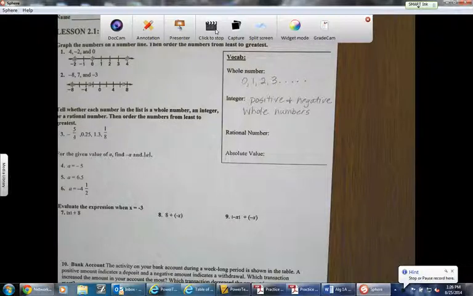Okay, then we have this idea of rational numbers. If you remember this, I will be impressed, because my digits class has been working on this a lot. Do you guys remember rational numbers? There are 3 things for rational numbers. Anyone? No? Okay.